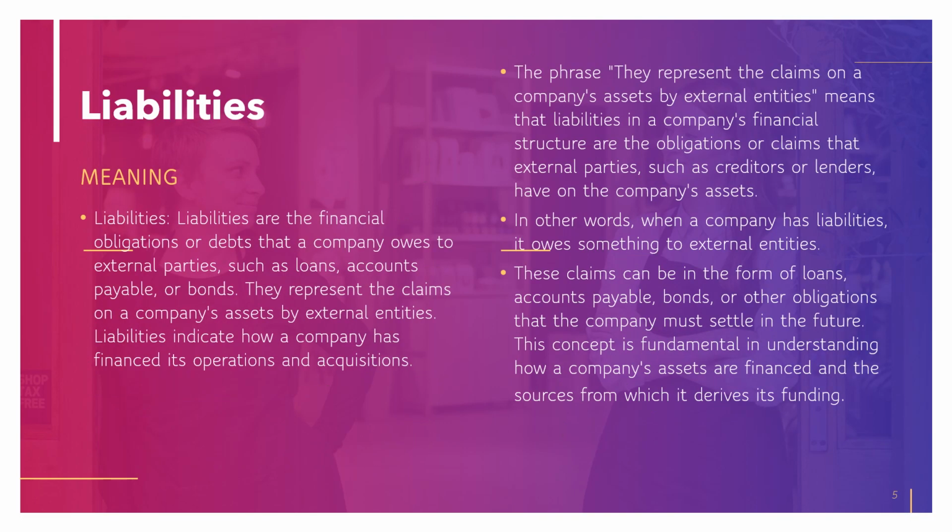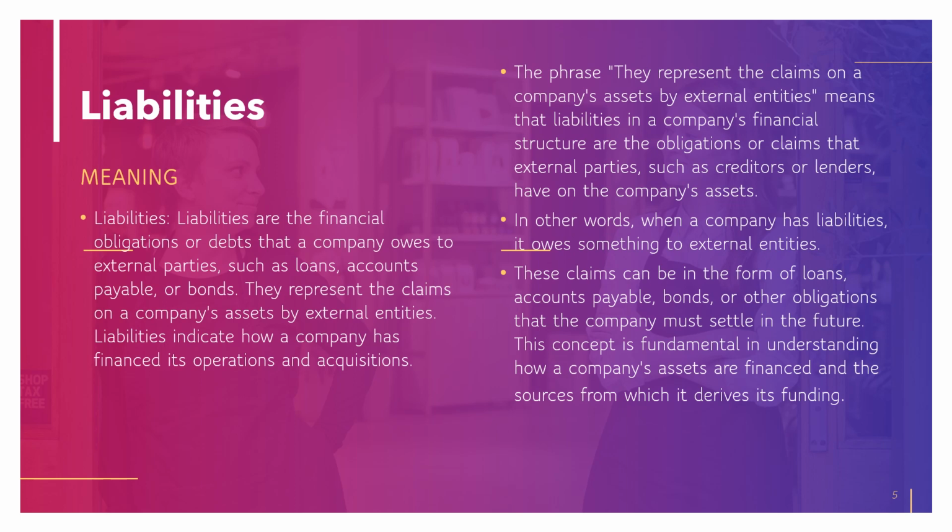The next component in the accounting equation is liabilities. So what is the meaning of liability? Liabilities are the financial obligations, the debts that a company owes to external parties.